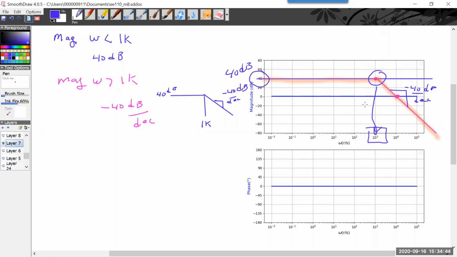This is fancier, but really the fact that the breakpoint is here and the slope is here tells me it's a second order system. It tells me that it's repeated roots, and it has a gain of 40 dB. It shows that it's a low pass filter. Now what this doesn't tell me is whether it's inverting or non-inverting.